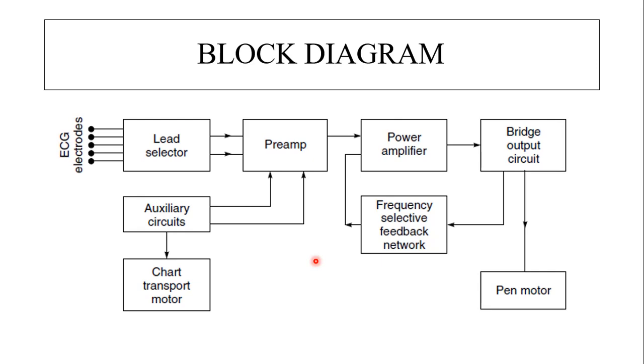The output of the power amplifier is single ended, as you can see here, and is fed to the pen motor through the bridge output. The frequency selective network is an RC network which provides necessary damping of the pen motor.